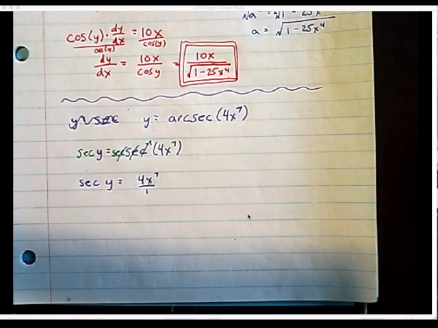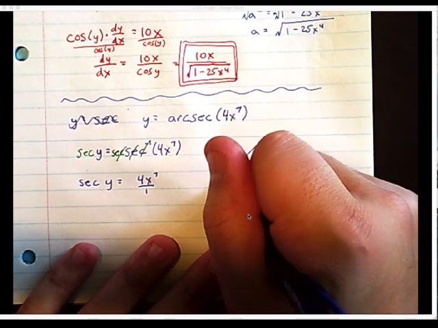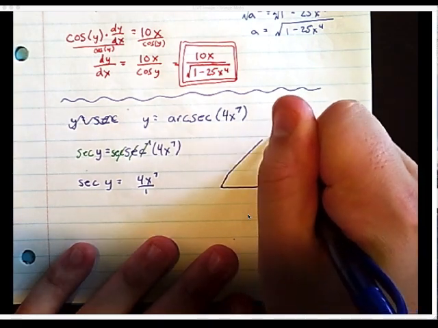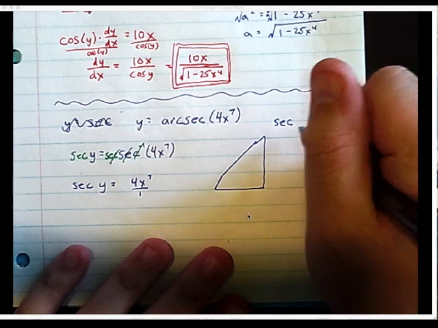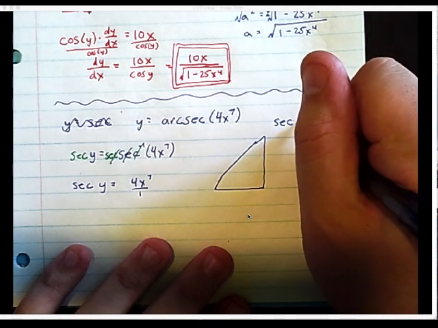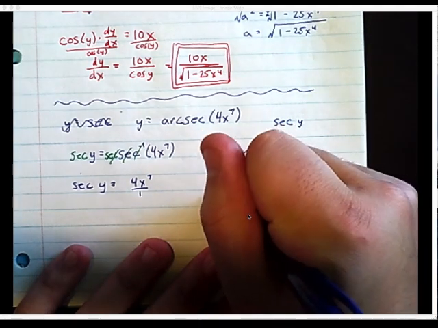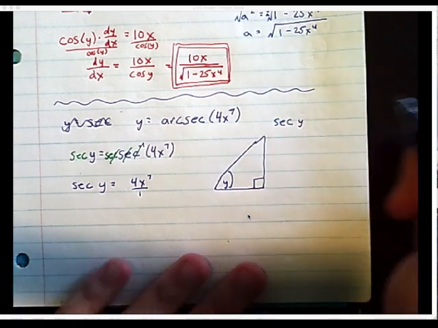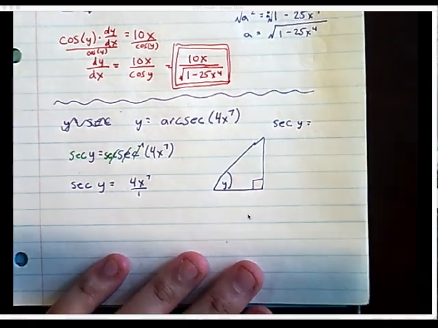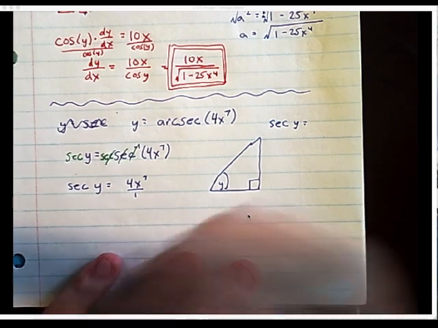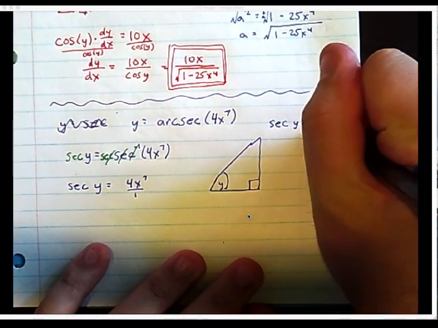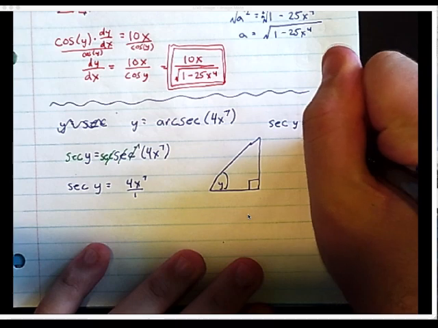Sometimes secants are hard to remember. Remember that secant of y, so let me draw in my angle y here, here's my right angle. Secant is the reciprocal of cosine. Cosine's adjacent over hypotenuse, so the reciprocal would be hypotenuse over adjacent.